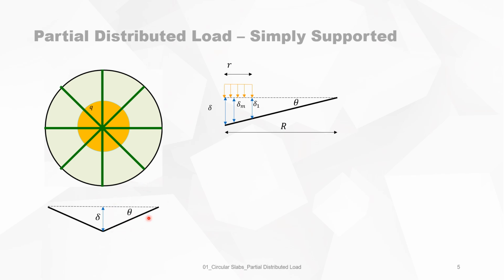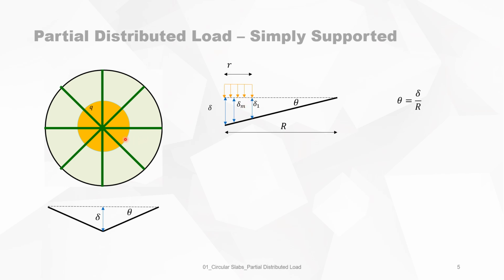We take now the right-hand side. The theta, of course, is delta over R for small thetas. It's in fact the tangent of theta that is delta over R, but we are working with small angles. And we see this portion of the load with a radius of small r.